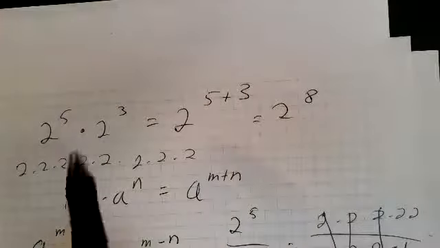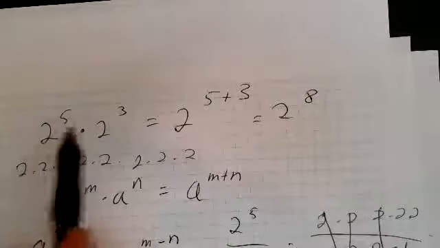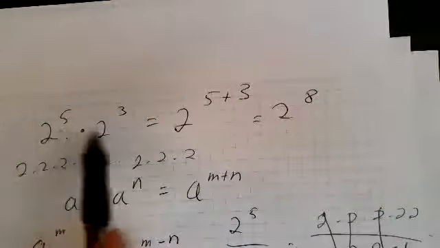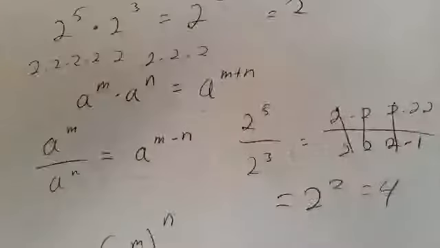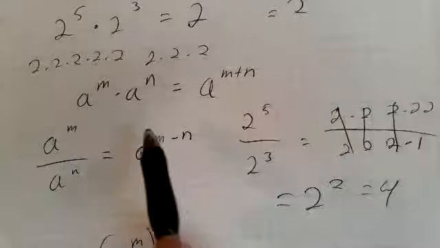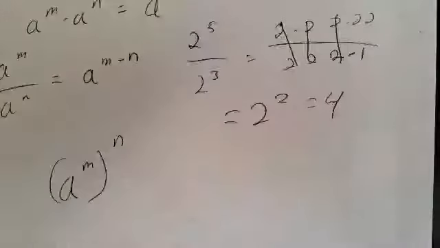So your exponents are always a step behind your bases. If your bases are being multiplied, your exponents get added. If your bases are getting divided, your exponents are getting subtracted. And then we're putting exponents to exponents.